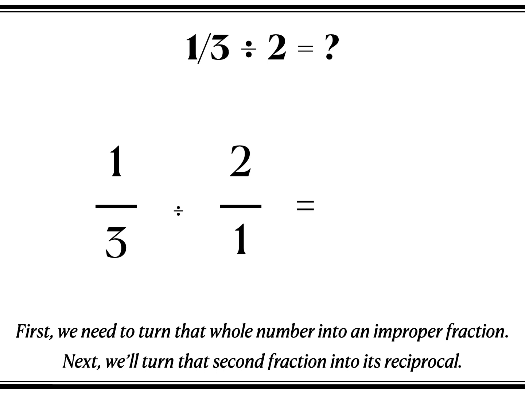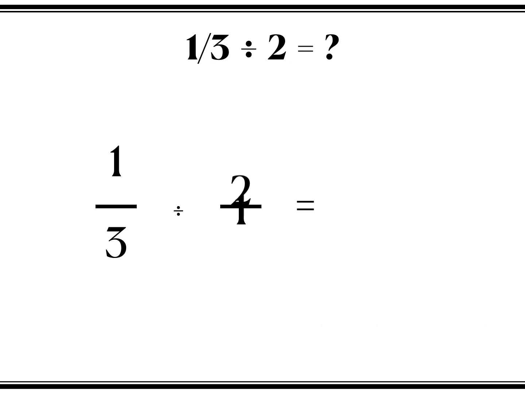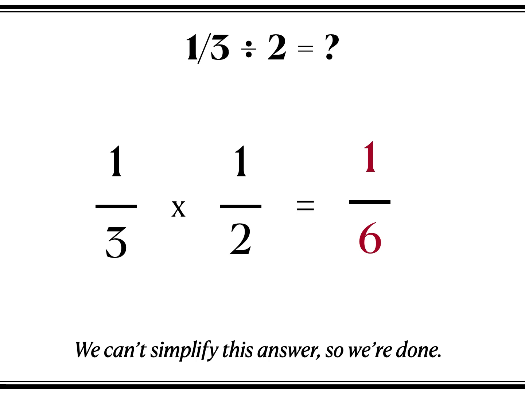Next, we turn that second fraction into its reciprocal. And now we just multiply straight across. 1 times 1 equals 1. 3 times 2 equals 6. So 1/3 divided by 2 is 1/6. We can't simplify this answer, so we're done.